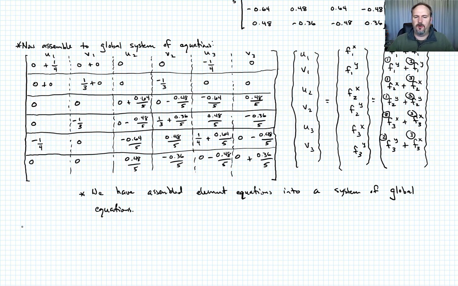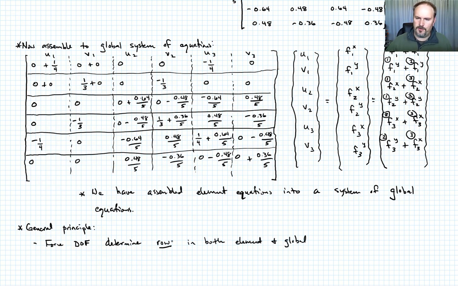Let me give you a general principle of what we did here, as you think about how you might code this up for the 3D elements. The first principle is that the force degrees of freedom determine the rows, in both element and global.